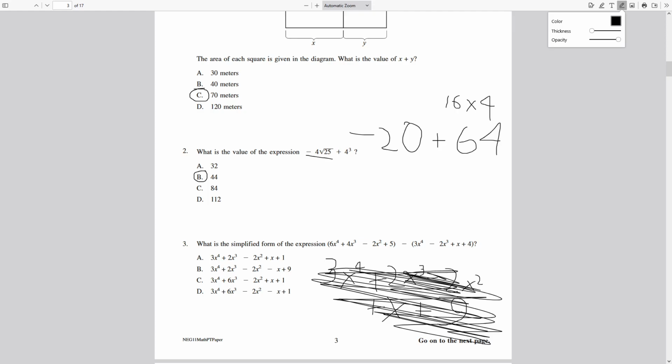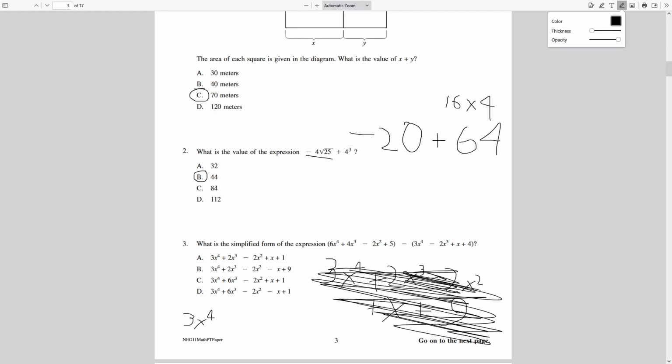So, I need to add the negative. Which I was doing at first, but not for all of them. So, positive 6 minus 3 is 3x to the fourth. Negative is a positive.